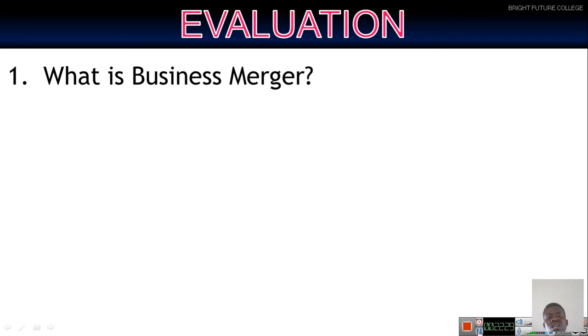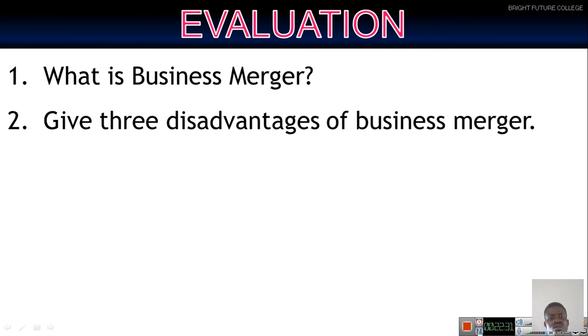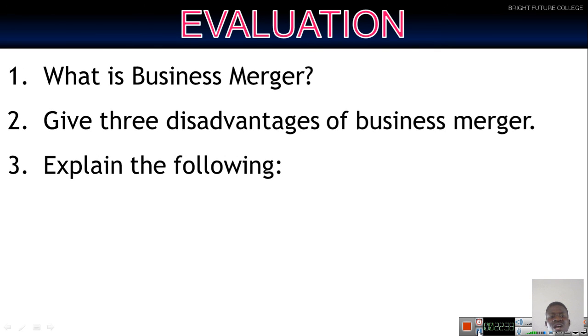Now let's see how much we've been able to learn. Try to ask yourself these questions and then answer them yourself. What is business merger? It's simply the coming together of 2 or more businesses in order to achieve a particular aim.